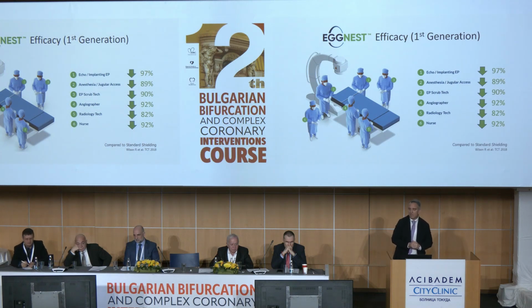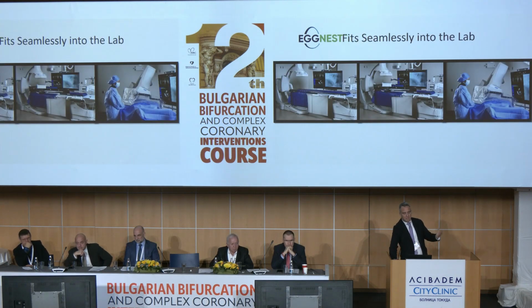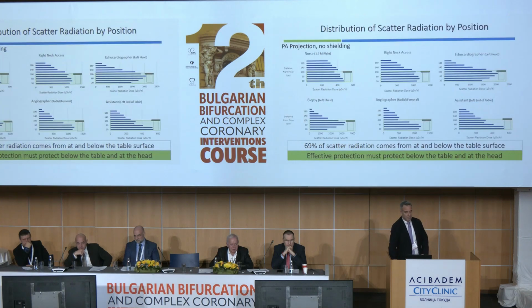So it's 97%, for a jugular access it's like 89%, the scrub tech is 90%, angiographer 92%, and the nurse 92%. Basically it's a very high percent of dose reduction, but it's not 100. So it fits seamlessly into the lab, and you can also see here the reduction by position and distance from the floor.